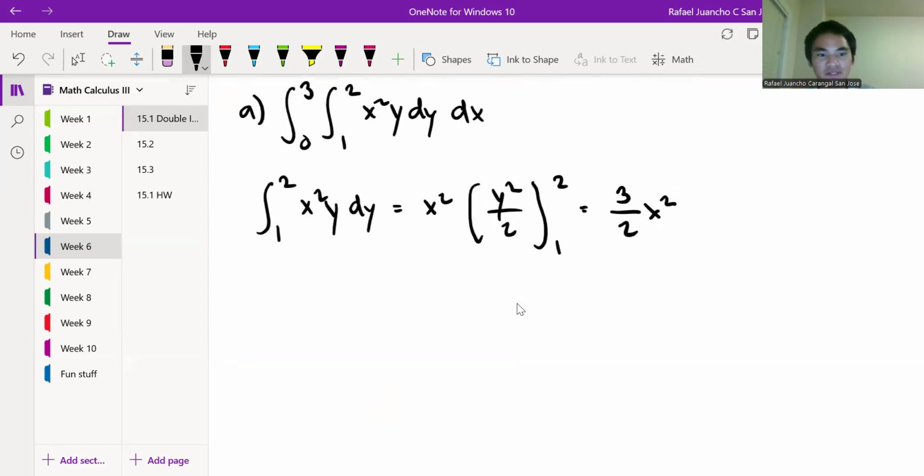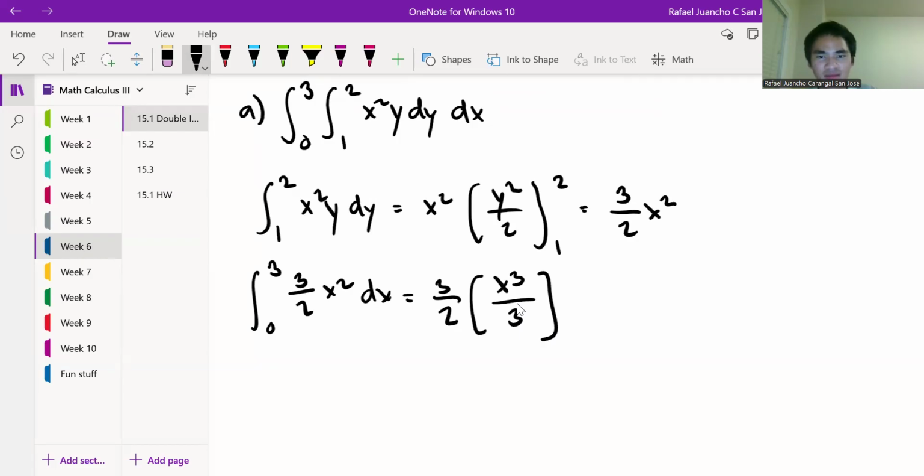And then from there, let's do the outer integral. We have this number, so instead of the integral we put the number, dx. We do x cubed over 3 from 0 to 3.